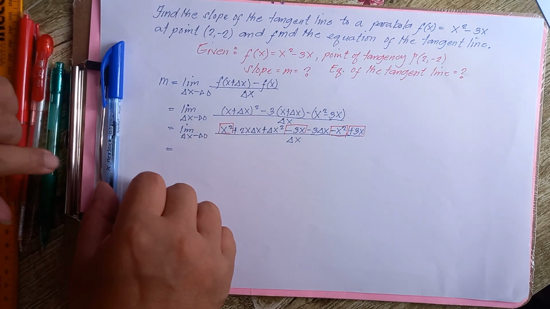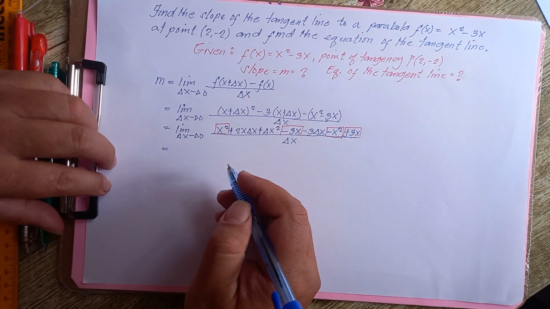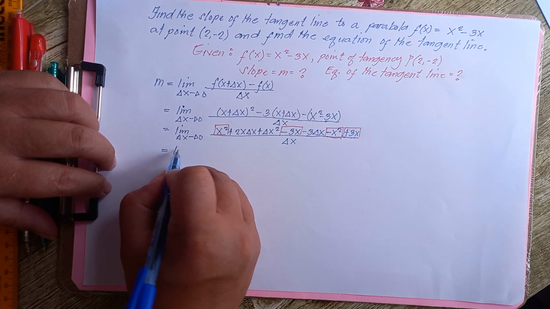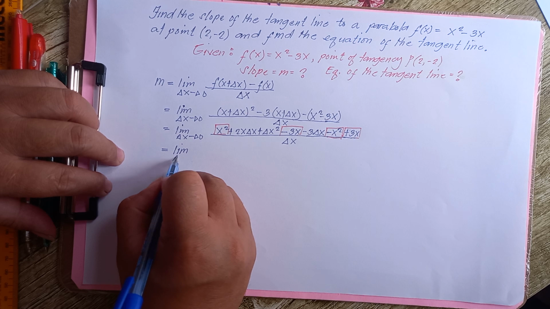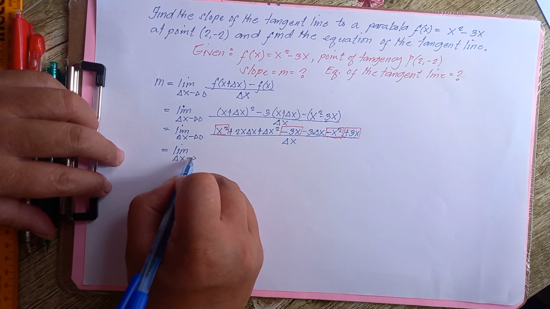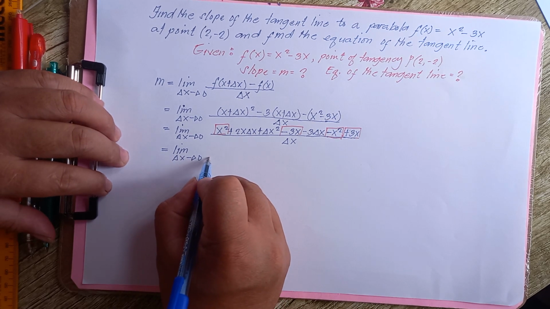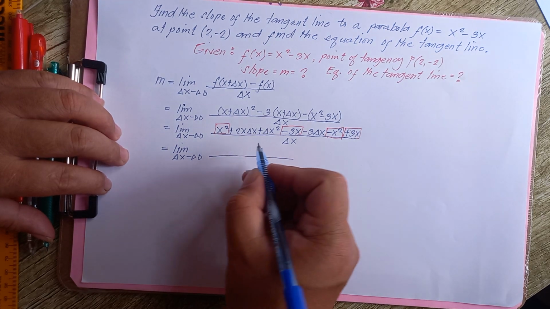So with that, we'll be having a new form, that is the limit as your change of x is approaching 0 of what is left.